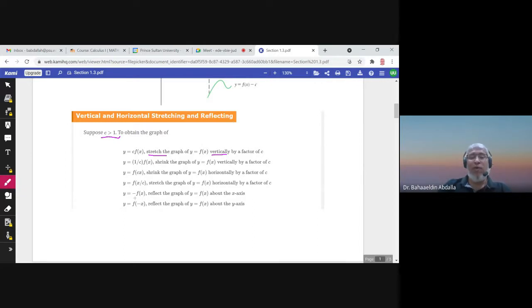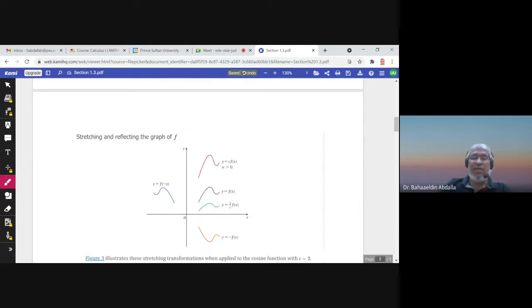Reflecting, when you multiply by a negative sign. If you multiply by a negative sign outside y, you will reflect the graph about the x-axis. If you multiply inside x, you multiply x with negative, then you will reflect the graph about the y-axis. So multiplying x by negative, reflecting about y-axis, multiply y by negative, reflecting about x-axis.